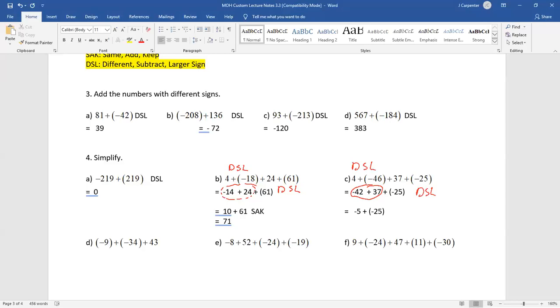Well, negative 5 and negative 25 are both negative, so that's the same sign. So we'll add and keep the sign. 5 plus 25 is going to give us 30. So that's adding the numbers. But then we're supposed to keep the sign, negative, negative. So that's negative 30. And that would be our answer.